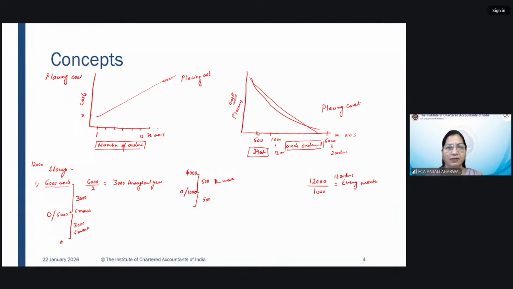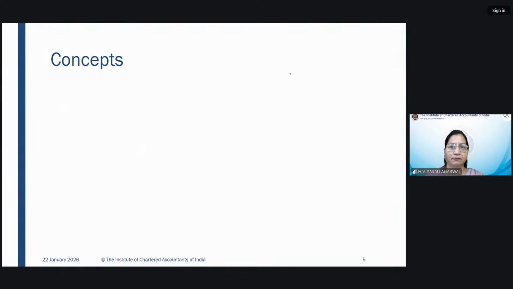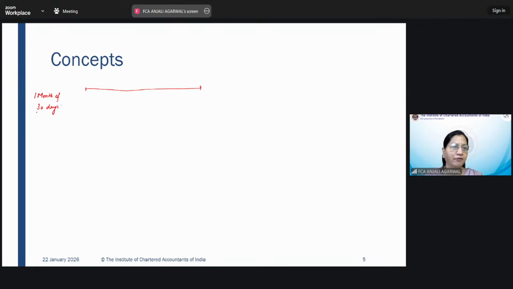How are we arriving at the average quantity? Okay, I'll take a simple example here. Let us take 1 month of 30 days, and let's say your daily expense is 1,000 rupees, for example.